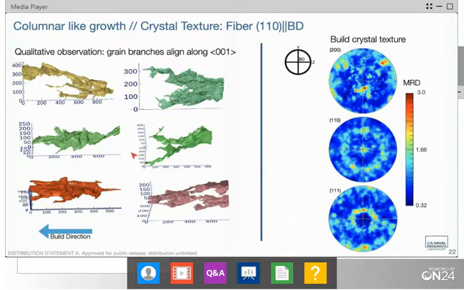Namely, a lot of these large grains are green, and this is expected if you look at the textures from typical AM processing. They typically have this 110 texture along the build direction, and that's exactly what we see within our structures as well, a preference for the 110 along there.